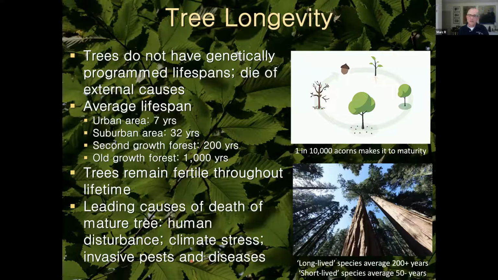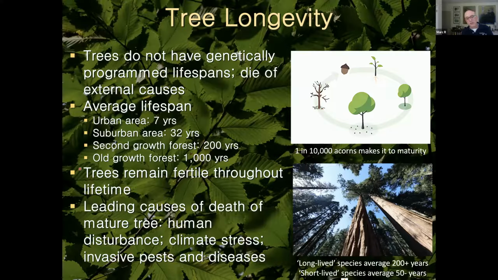They die of external causes like disease, destruction, natural disasters, insects, whatever. And as they get older, because they've been subjected to more of this, they are more prone to those external things. But genetically, they are not wired with an expiration date, the way animals are, and humans, of course, are animals.